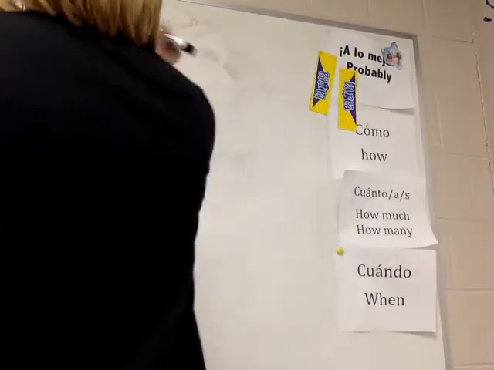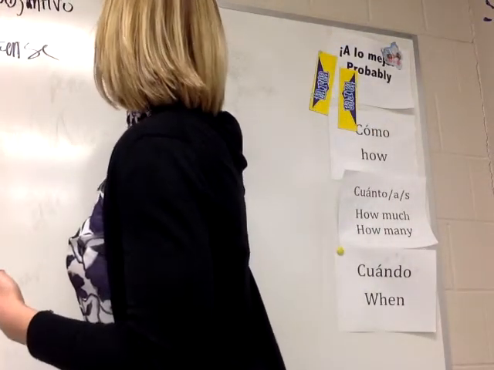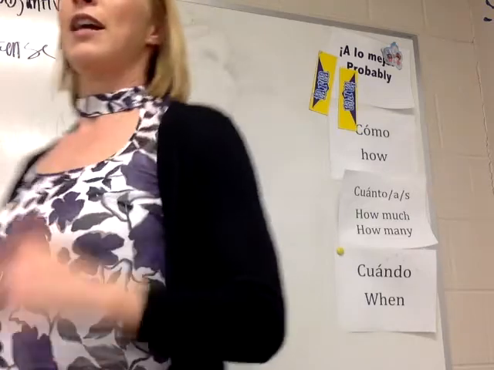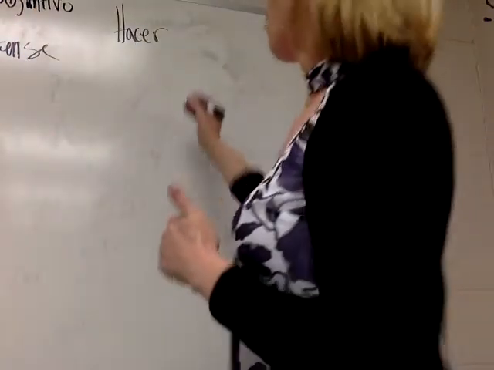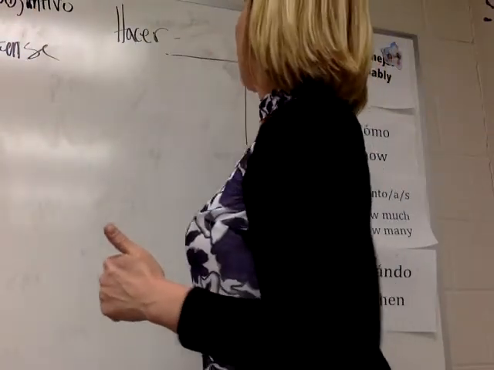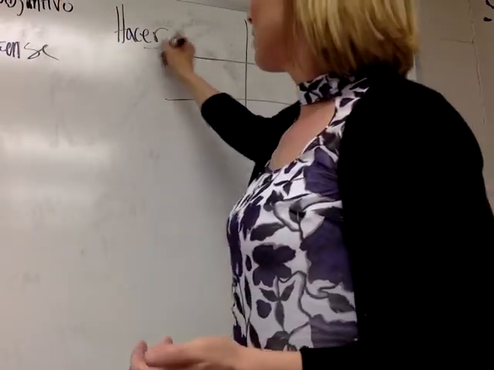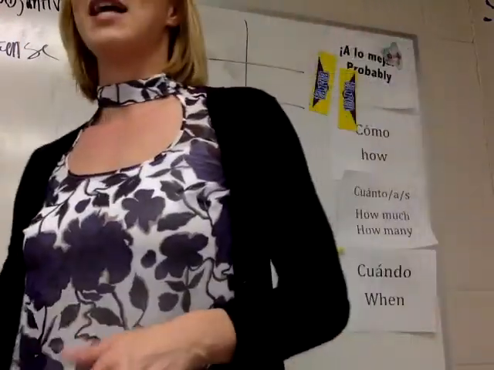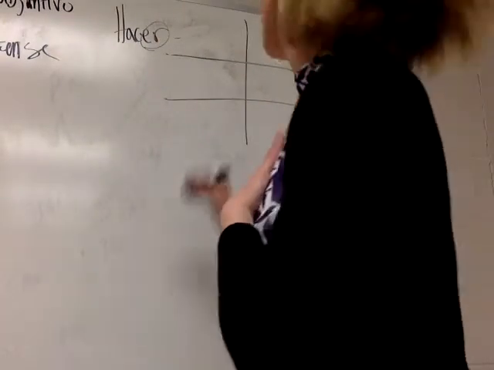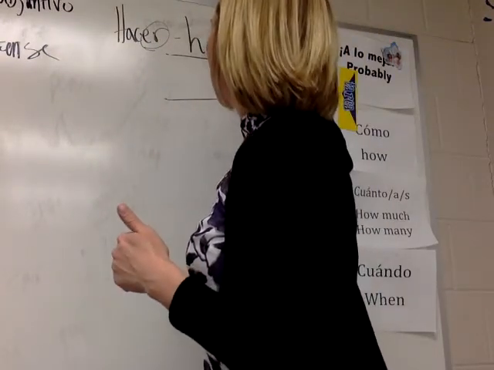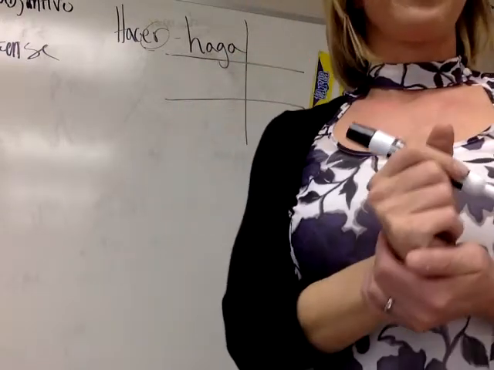So a verb that comes to mind for me is hacer. If I wanted to form hacer in the subjunctive tense, what would it look like? All right, so the first thing I need to do is put the verb in the yo form, drop the O, and switch the ending. Hacer is an ER verb, so here are my endings. So I in the subjunctive would be haga.